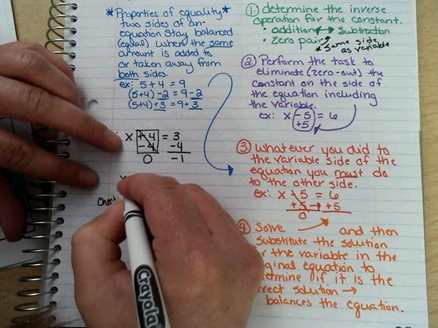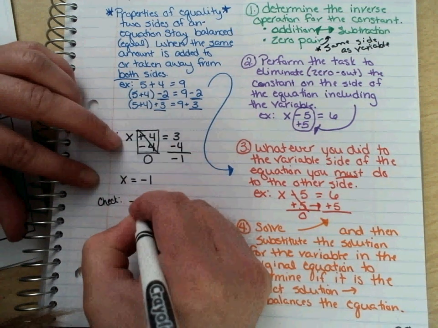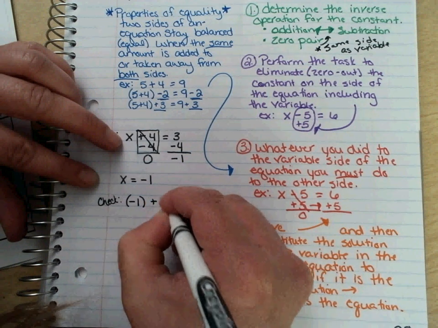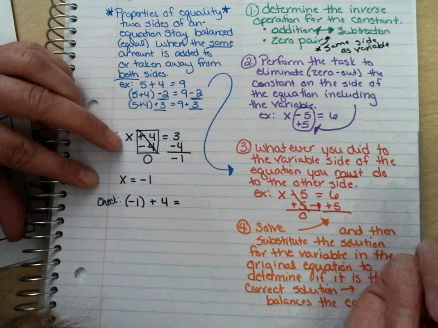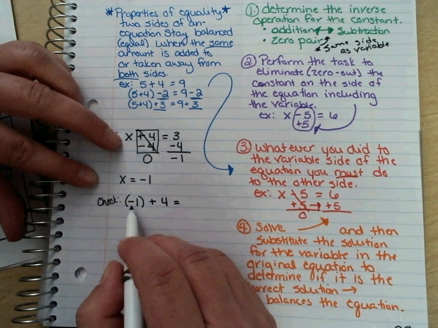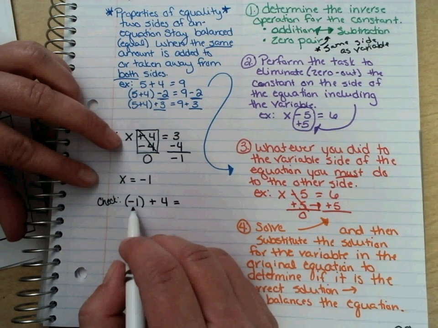through substitution. So I'm going to substitute for x. I'm going to say negative 1 and put it in parentheses, plus 4 equals, well, it's essentially like saying 4 minus 1, right, per our integer rules.